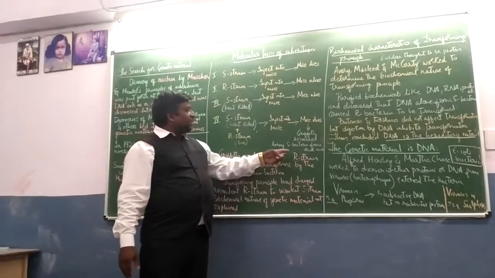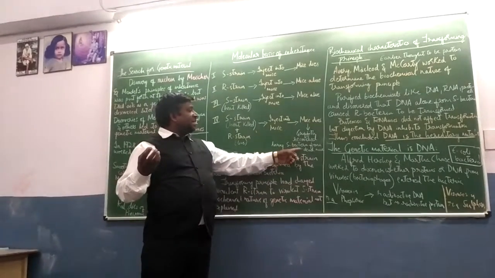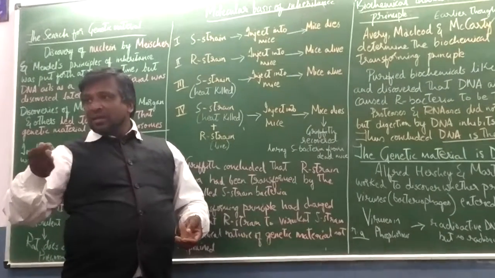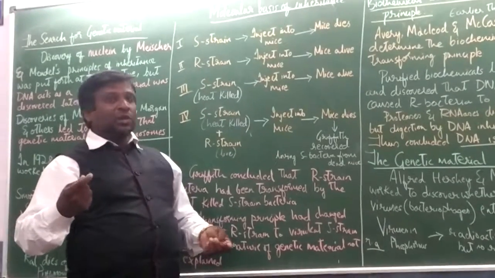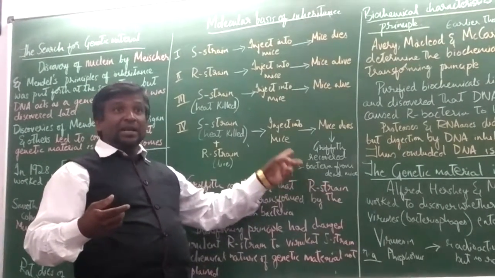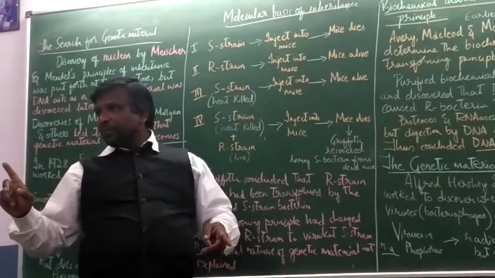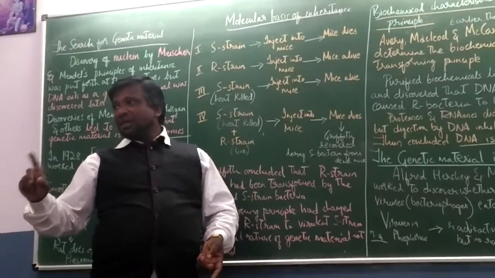When he analyzed the pathogen from the dead mice, he found living S bacteria, even though he had not injected any living S bacteria. It was heat-killed S bacteria and living R strain.